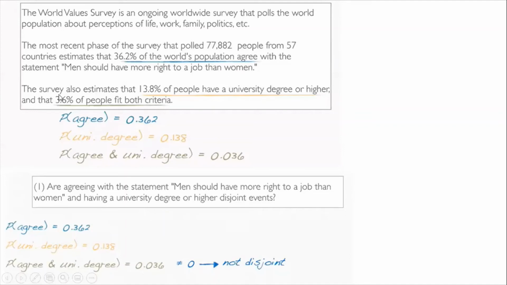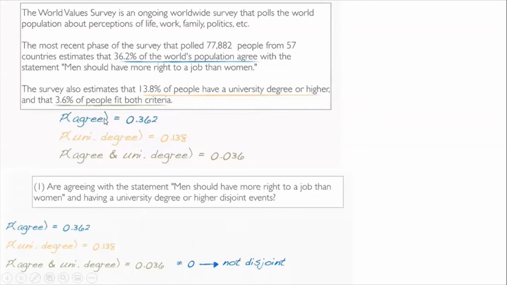The survey also estimated that 13.8% have a university degree or higher, and 3.6% of people fit both criteria. So the intersection between having a university degree and agreeing with this statement is 3.6%, which is very low.